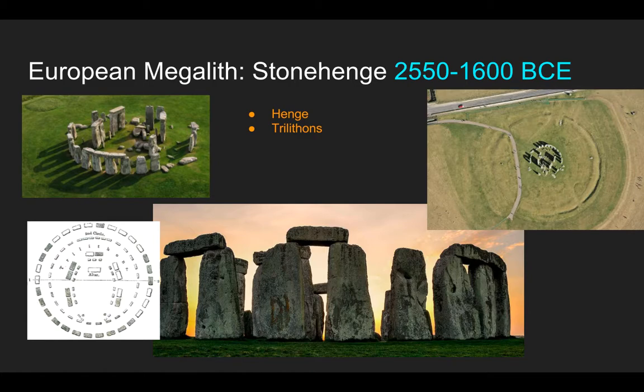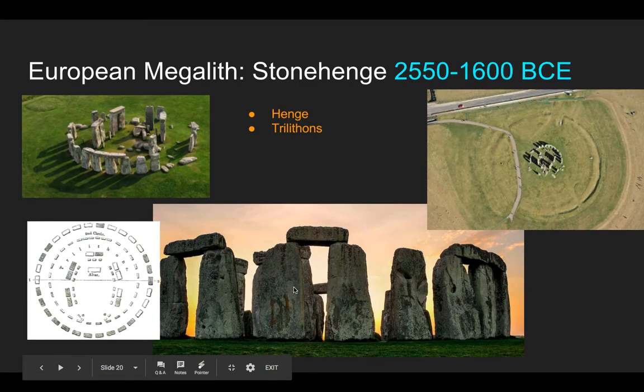So again, European megaliths, Stonehenge, 2550 to 1600 BCE. These circular constructions are throughout Europe. They're called trilithons, which is basically post, lintel, trilithon, there's three.